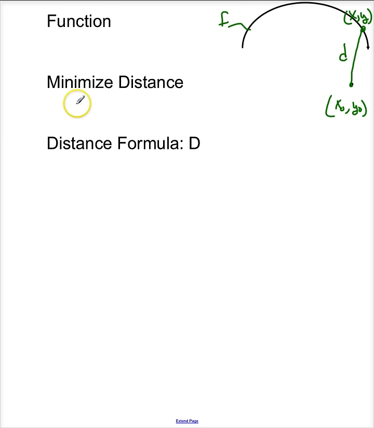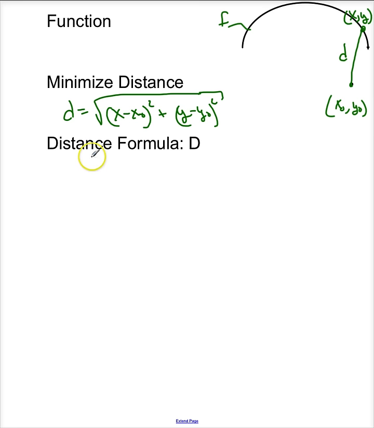Now, you know the distance formula is the square root of x minus x naught quantity squared plus y minus y naught squared. Now, the trick here is you need to observe that this function right here is minimized at the exact same point that the inside is minimized.